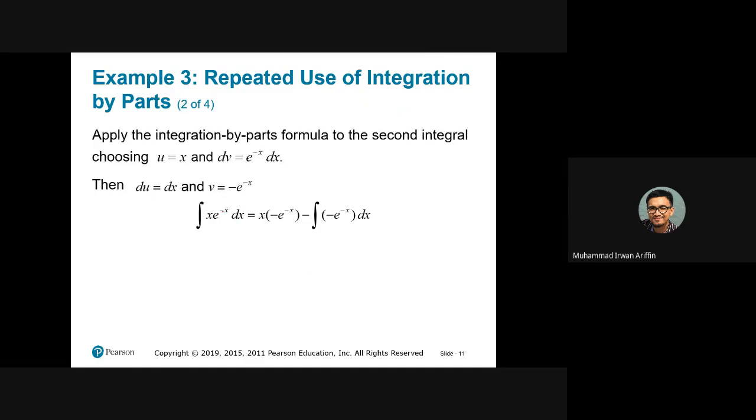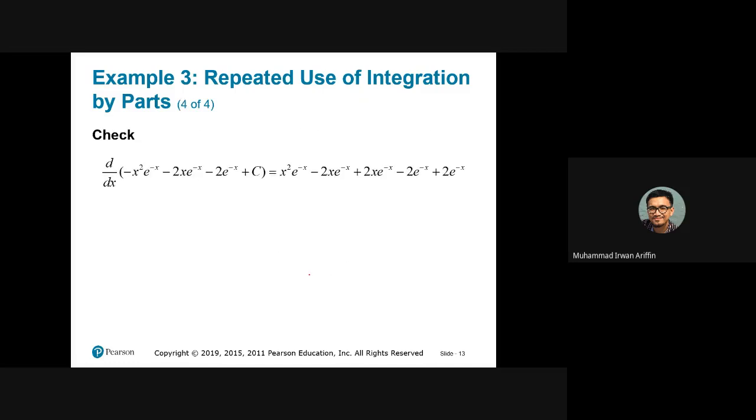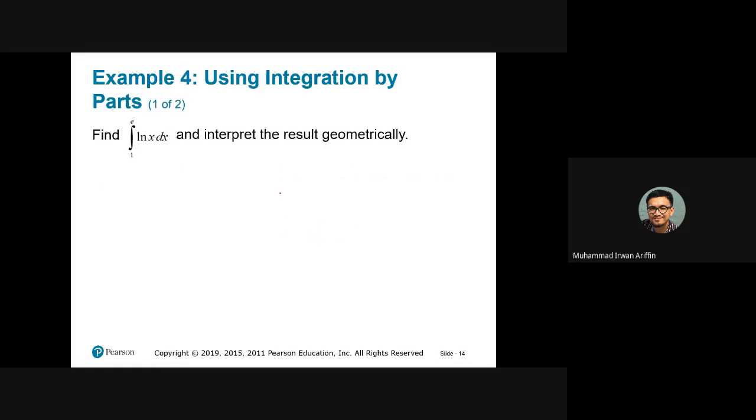So that's why you need to again focus on the second term, and you do another integration by parts. Don't forget to substitute the answer that you obtain here back here. So this one you need to do the integration by parts twice. If you are not sure, just check.